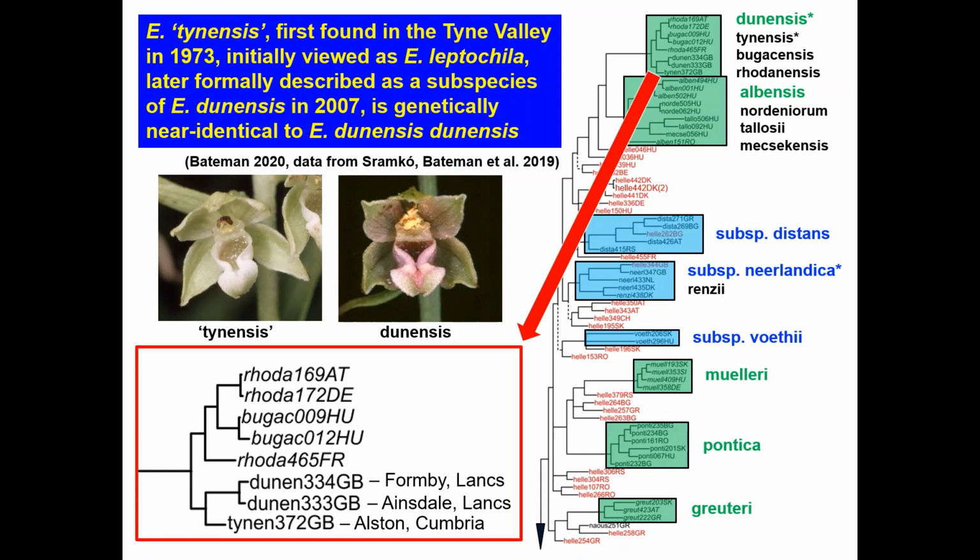So until recently, many people viewed Epipactis junensis as endemic to the British Isles, or if not, then only just touching on the continental coastline. Now we can see that junensis has been masquerading under other false names on the continent and stretches eastwards at least as far as Hungary.